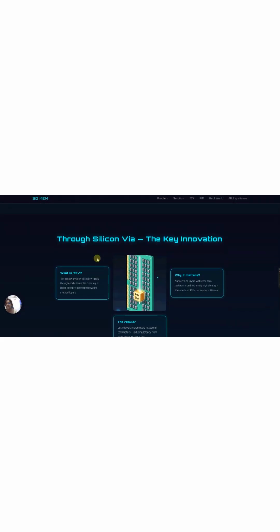You might be thinking how much improvement we got. We got 20 times better than the last version. But you might be wondering how we connect them. We connect using TSV, which stands for through silicon via. You can see the through silicon vias here.